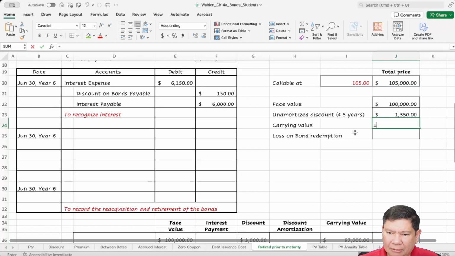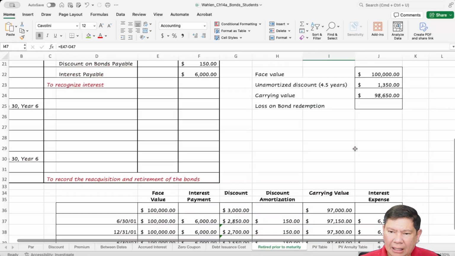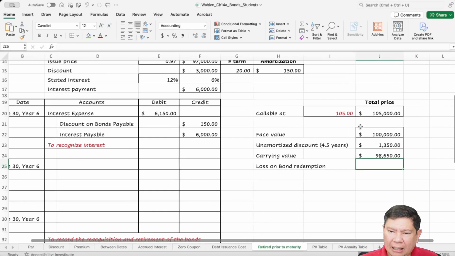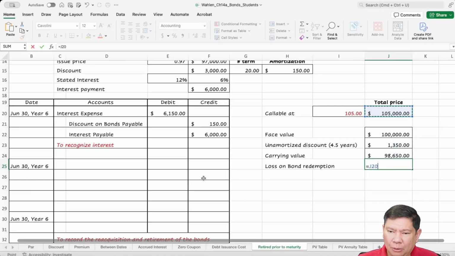So the carrying value is here, 98,650. And then we have to pay 105,000 for an obligation that has a carrying value of 98,650. So we take the difference there to calculate our loss on bonds redemption.